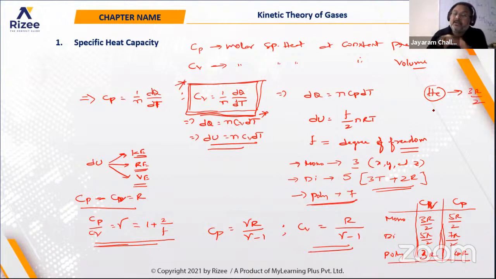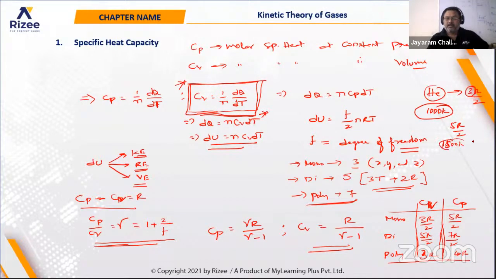But when its temperature crosses some 1000 Kelvin, the degrees of freedom convert from 3 to 5, then it will be 5R by 2. And when it crosses some 1500 Kelvin, it will be 7R by 2. So depending on the temperature, the Cv values change, and the corresponding Cp values will also change. Please be careful of that.